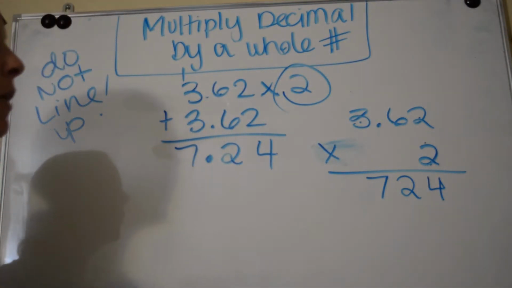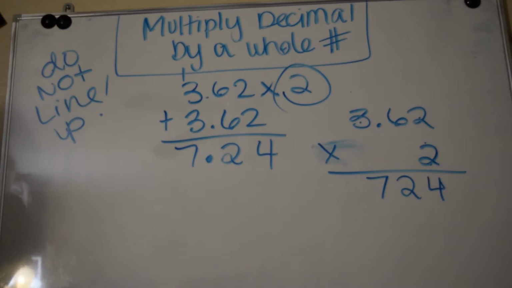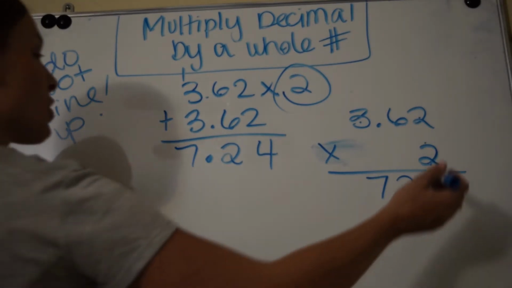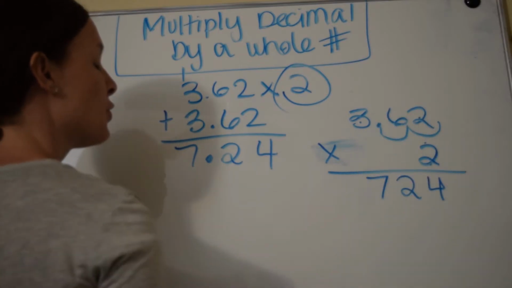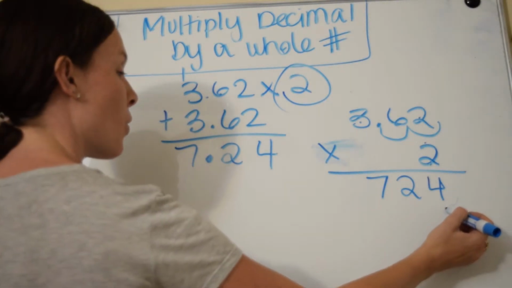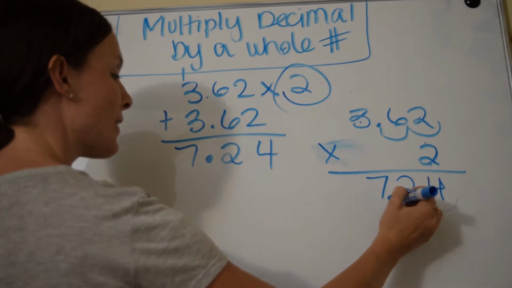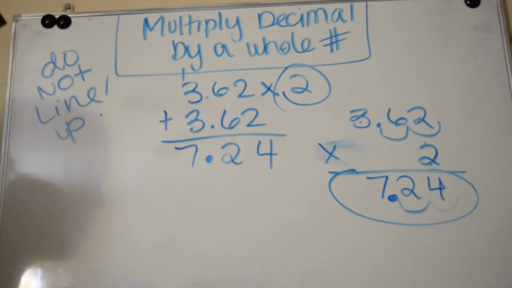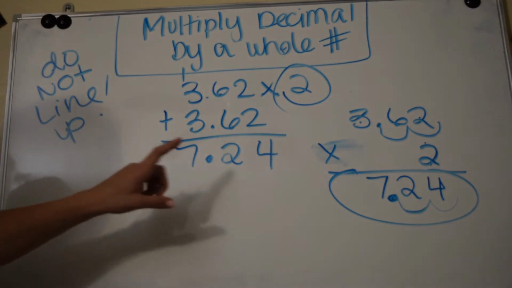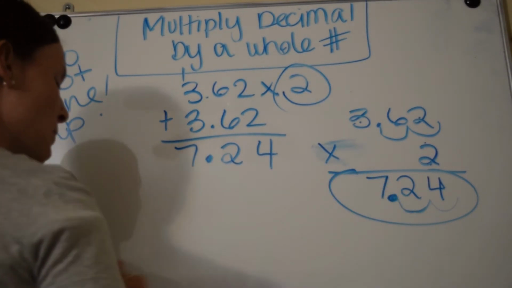So you're going to count how many spaces over the decimal is. We start over here and we count: 1, 2. So that's what we're going to do in our answer: 1, 2. That's where you place the decimal in your answer. And look at this, we got the same answer. That means we did it right.